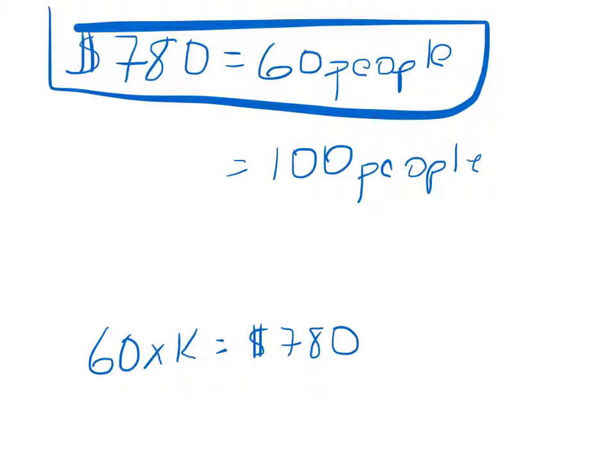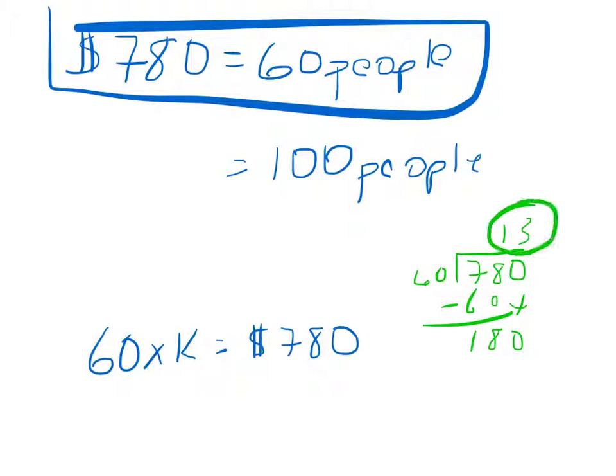Now to solve this type of problem, we would do the opposite of multiplication, which is division. So we can go ahead and make a division problem over here. 780 divided by 60 will go in there one time. Left with 18, bring down the 0. 60 will go into 180 three times. So her price is $13 a person.